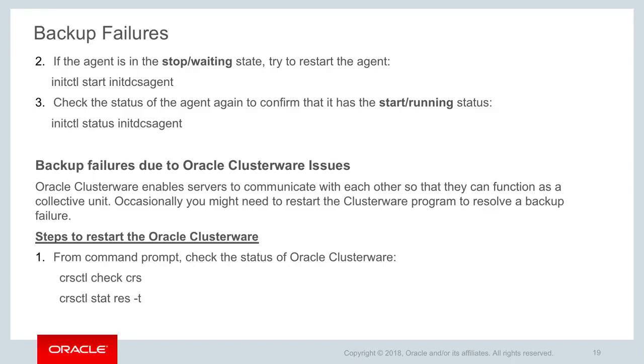Backup failures can also occur due to Oracle Clusterware issues. As you know, Oracle Clusterware enables servers to communicate with each other so that they can function as a collective unit. Occasionally, you might need to restart the Clusterware program to resolve a backup failure. In the next section, the steps for restarting the Clusterware are provided.